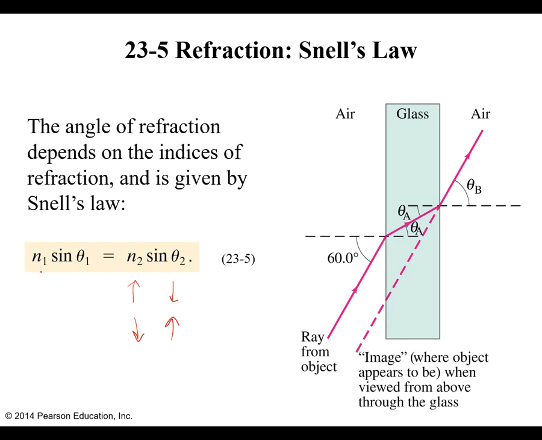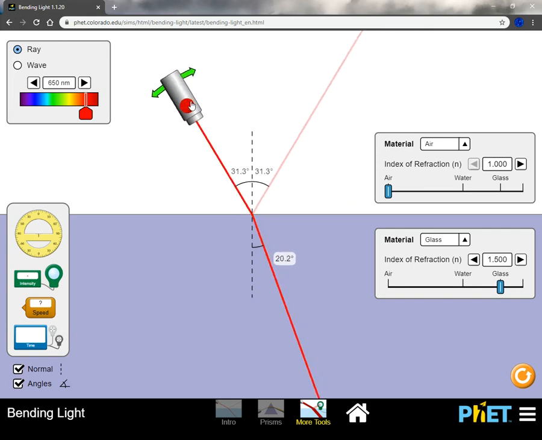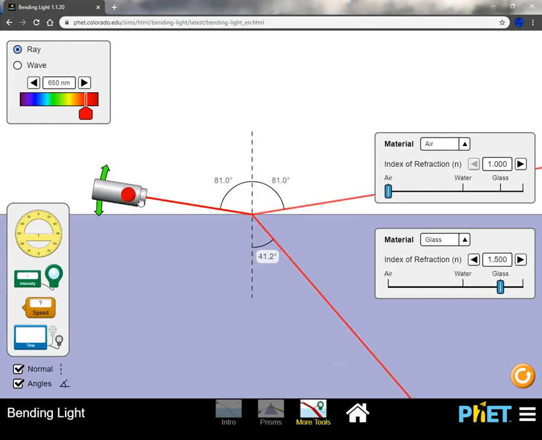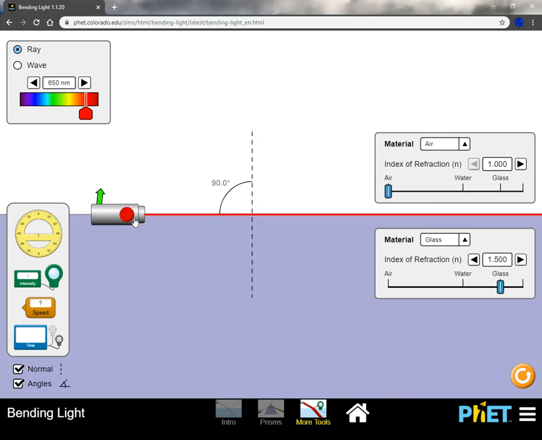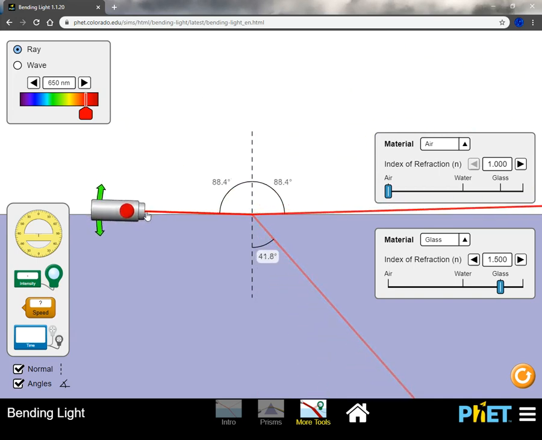If we go from one medium into a second medium with a higher index of refraction, the angle is smaller. And of course, I can move my laser around and I get any refracted angle. My incident angle can be anything from 0 to 90, but my refracted angle can only reach a maximum value.